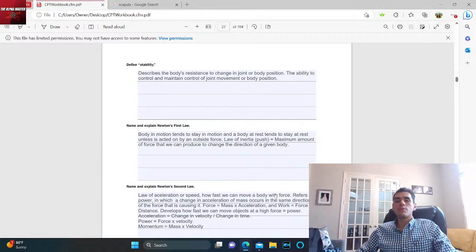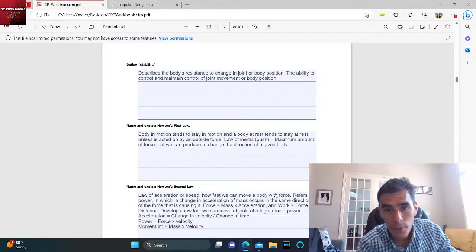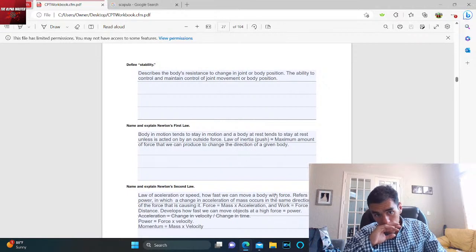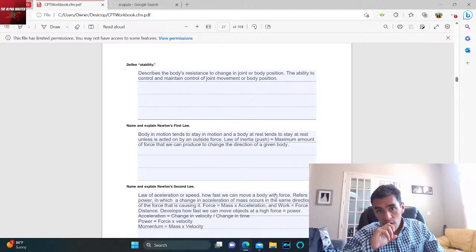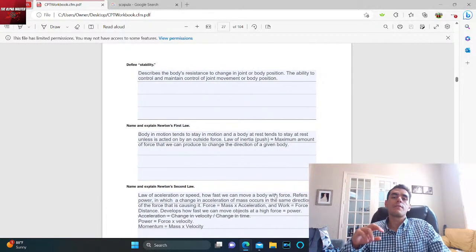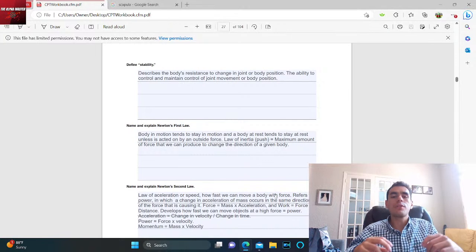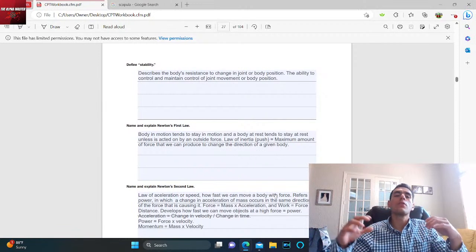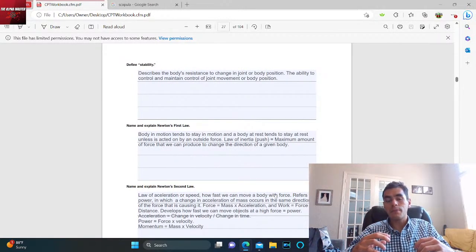Stability is that body's resistance to change in joint or body position, the ability to control and maintain control of joint movement or body position.